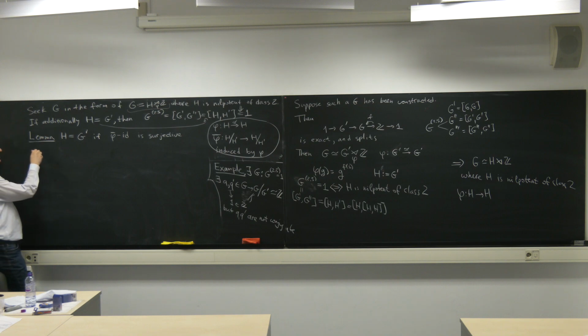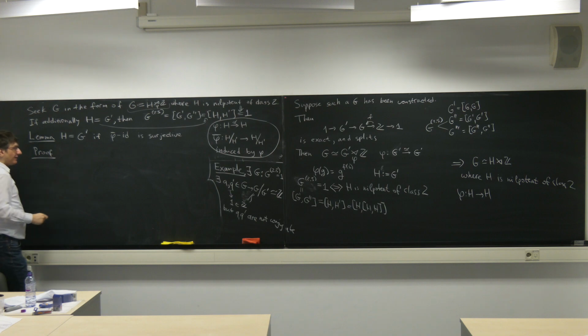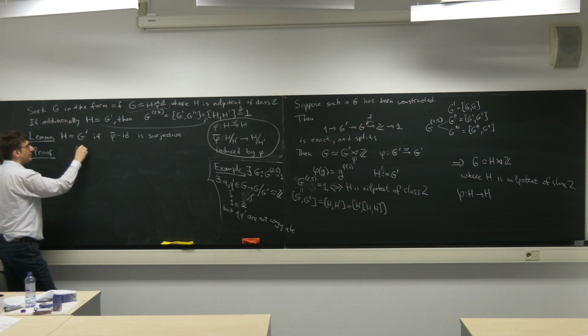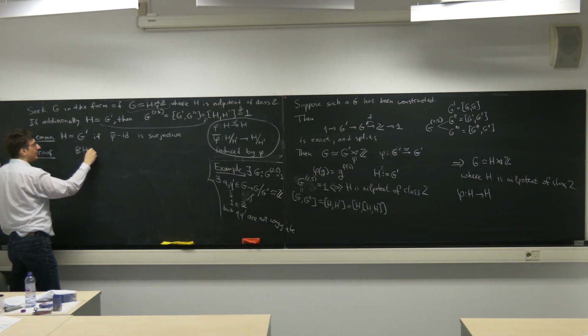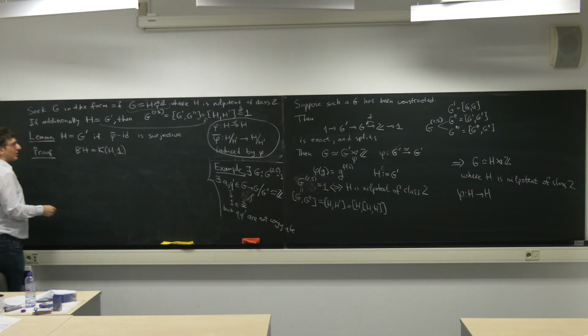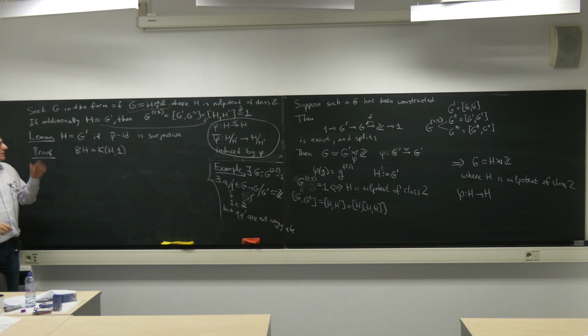Okay, so now let me prove this lemma. Proof. Let me prove it geometrically. So G. Let me consider BH, which is K(H,1), the Eilenberg-MacLane space with this fundamental group and no other homotopy groups.